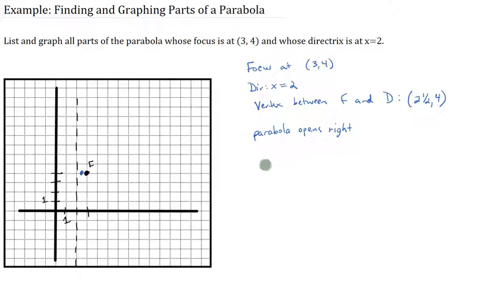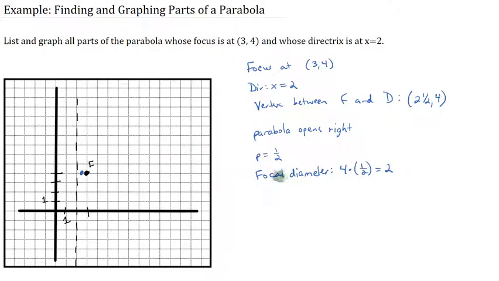So p is 1/2. Which then tells me my focal diameter, and remember the focal diameter is always 4 times p, so it's 2.